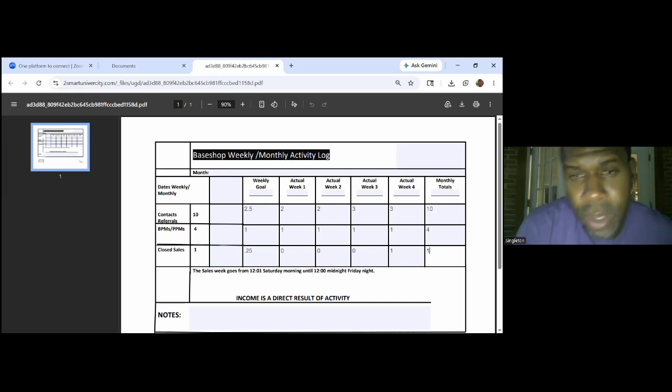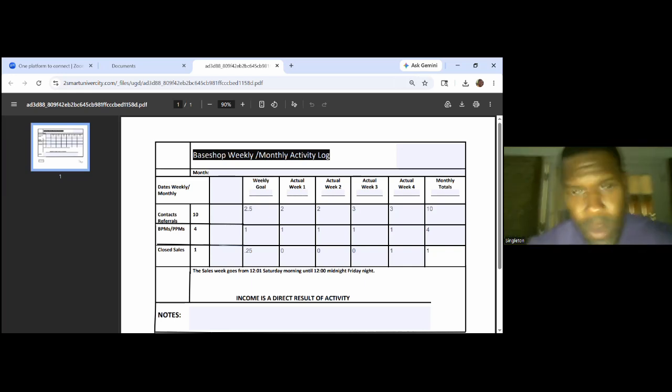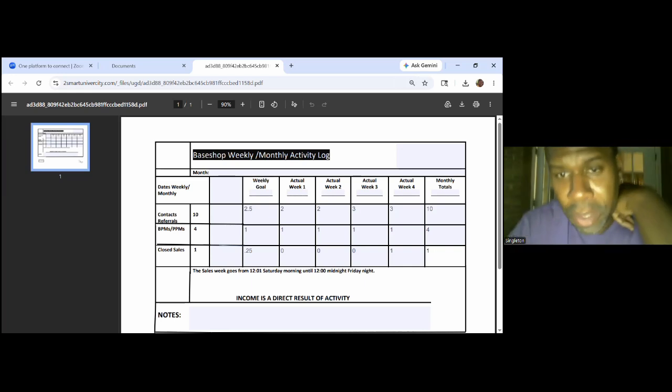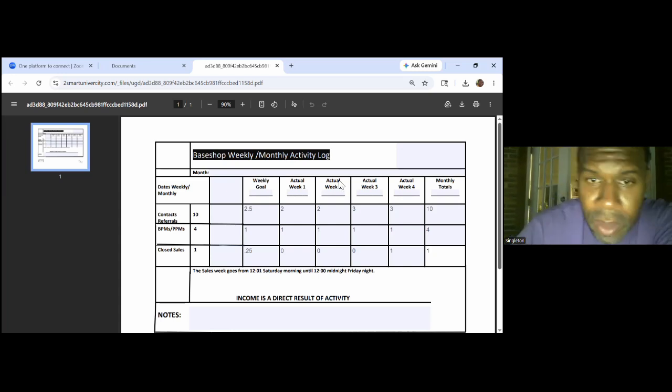However many people you want a month in your business, all you have to do is multiply that number by the 10-4-1. Let's say you want 4 people a month, so you get a person a week.